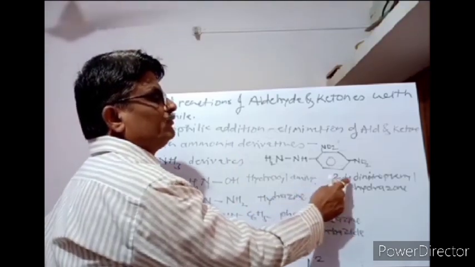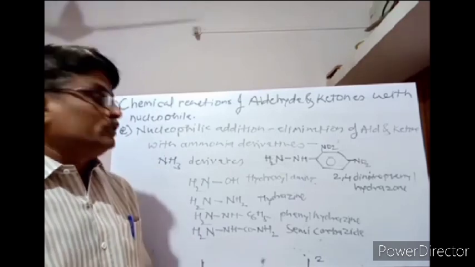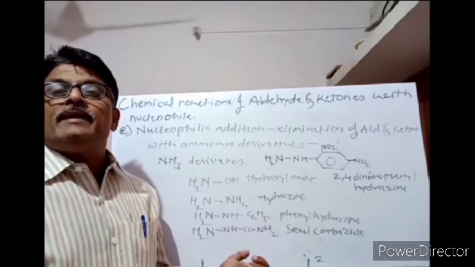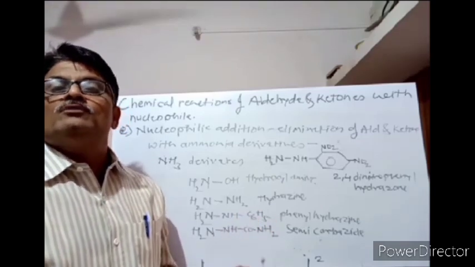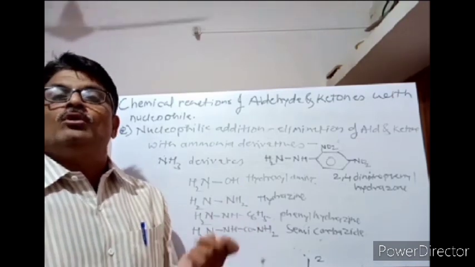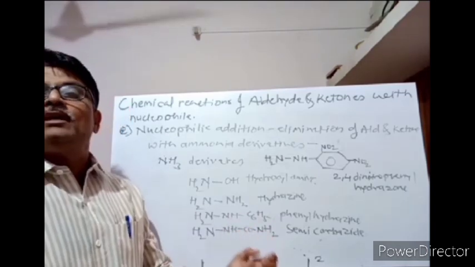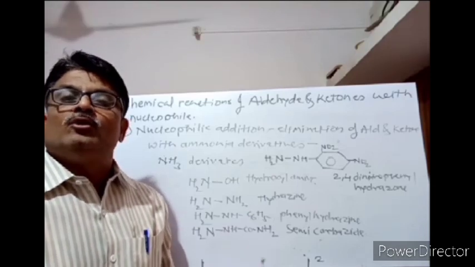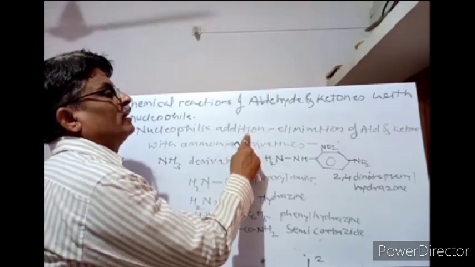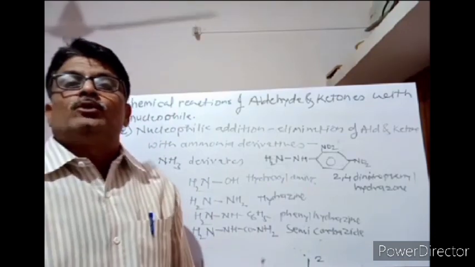It is known as 2,4-dinitrophenylhydrazine. So all these ammonia derivatives react with aldehyde and ketone and give the corresponding product called hydrazone or oximes, by elimination of one water molecule, and therefore this reaction is called nucleophilic addition elimination of aldehyde and ketone.